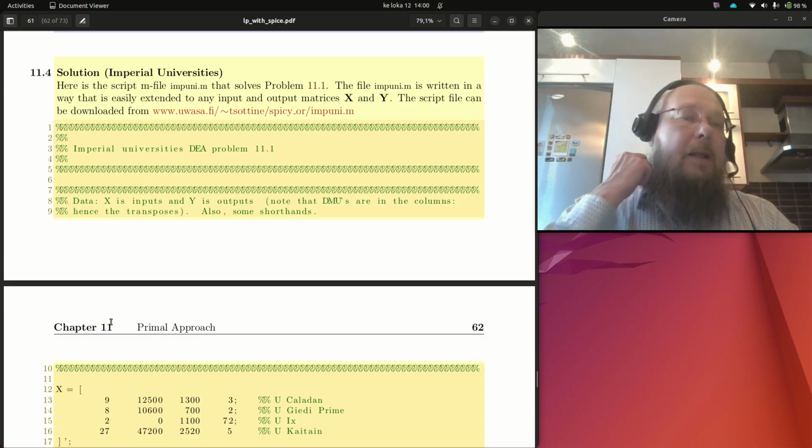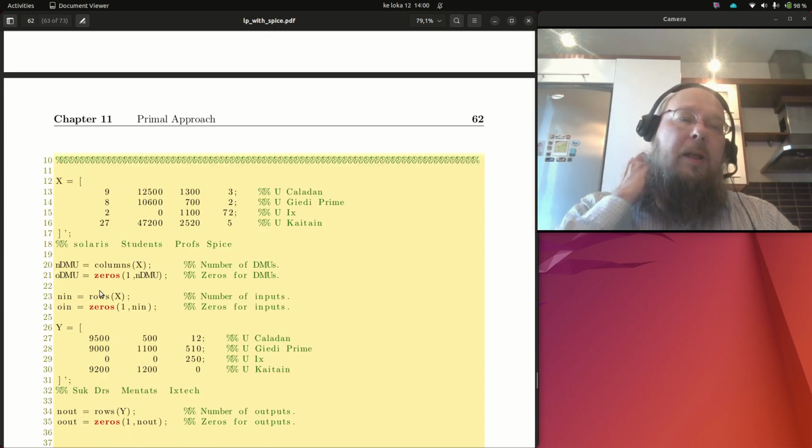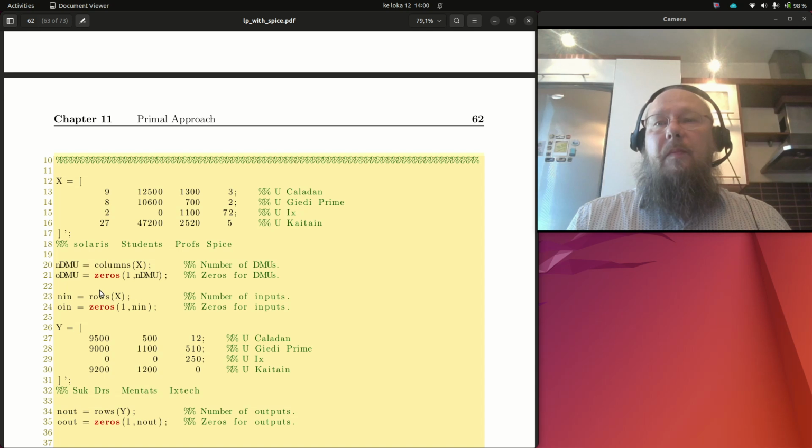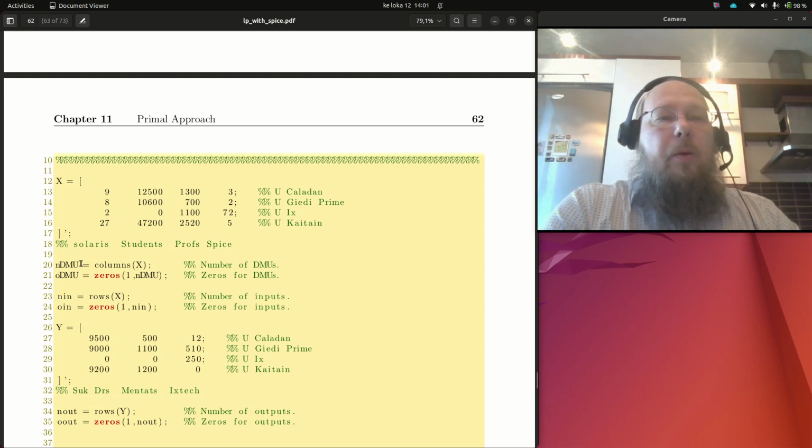Then there is something else also in this data section. These are more or less shorthands. So NDMU is the number of columns of x, which is the number of DMUs. Then I need ODMU, that's the zeros.